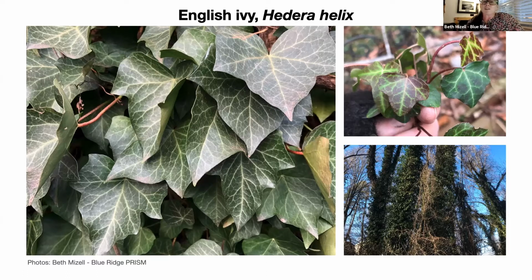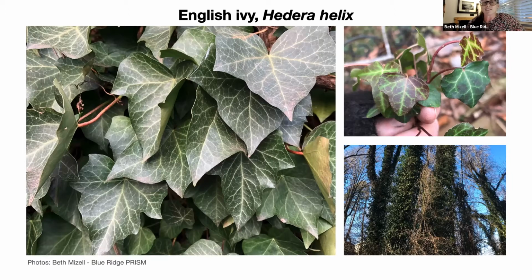English ivy quickly climbs a tree, and the weight of the vine can pull a tree down and make it vulnerable to damage during snow and ice events from the excess weight. You can see an example of these trees that have been covered with ivy in the lower right photo. That's actually at Forest Hills Park along the walking trail.